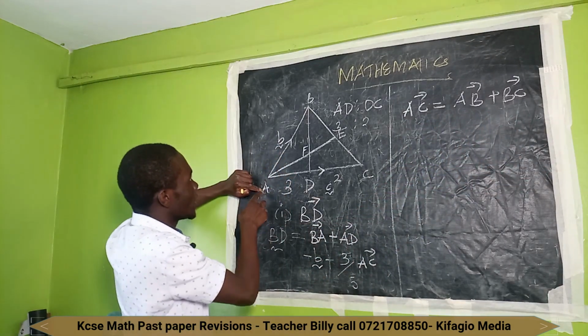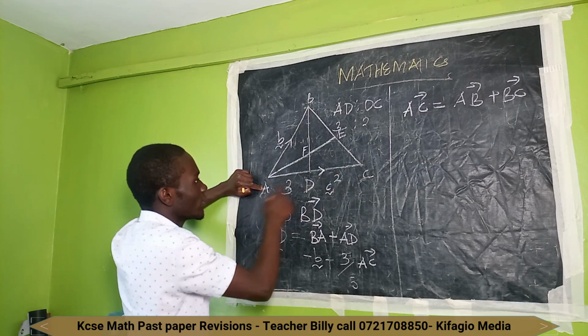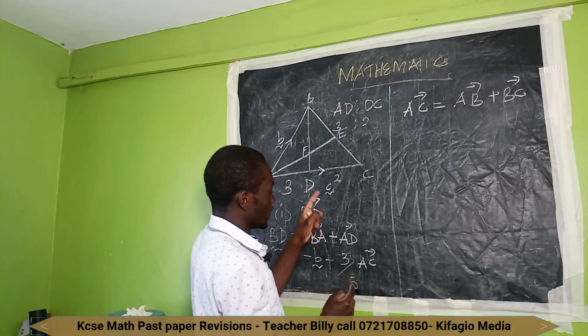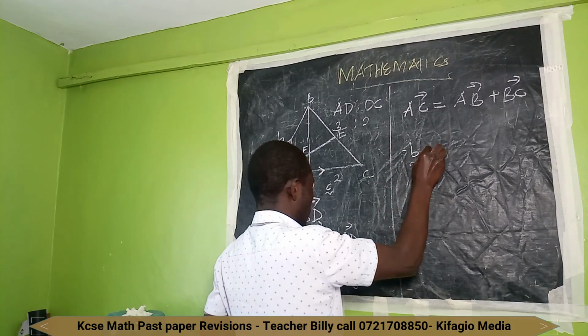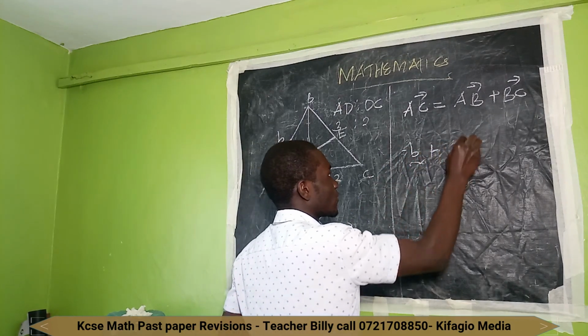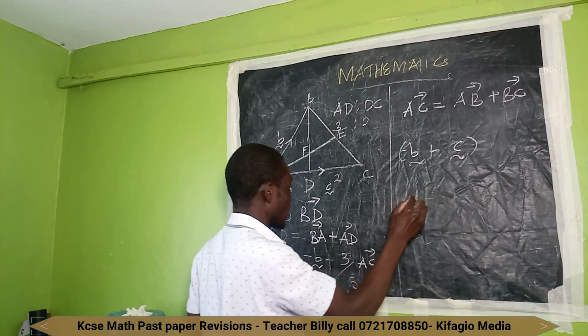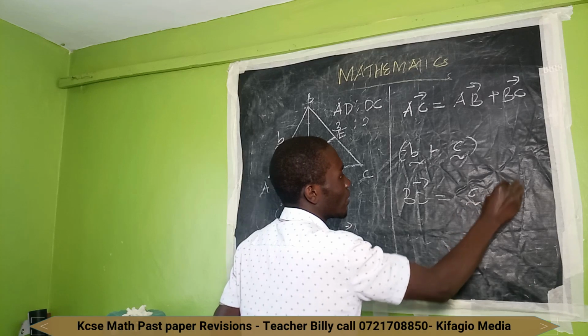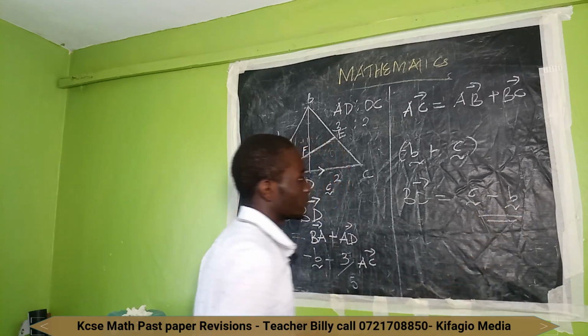You can go directly, AC we have been told is C. So 3/5 of AC, which is C. So minus B plus 3/5 C. If we were to write this well, we'll have BD is equal to 3/5 C minus B.